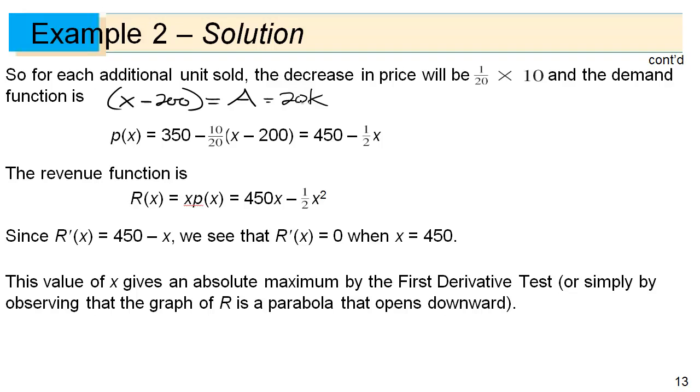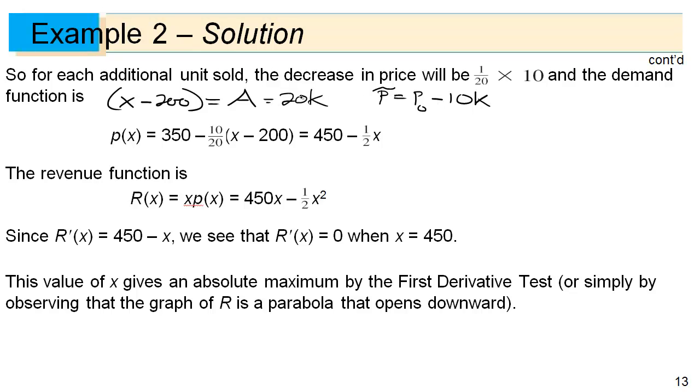Now we know that our new price is going to equal the original price minus $10 for every K. So for instance, if we sold 40 more units, then A would be 40, K would be 2. That would be 2 increases of 20, which means the price has to go down by 2 tens, because it said every time it goes down by $10, you sell 20 more. So you see how this relationship works here?